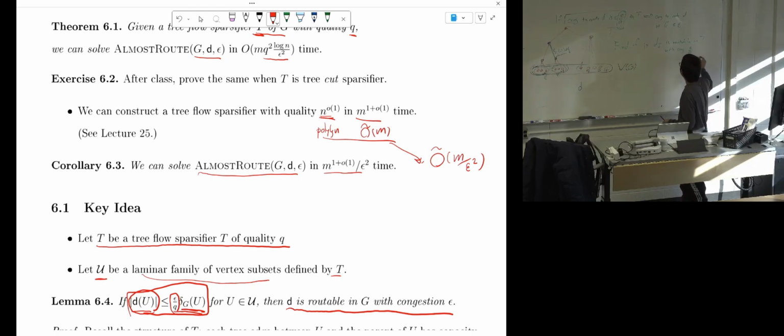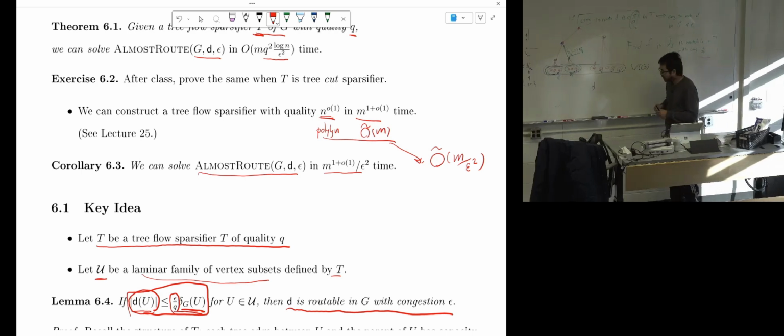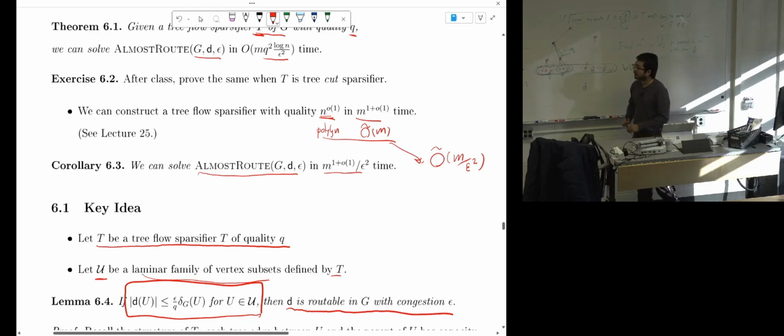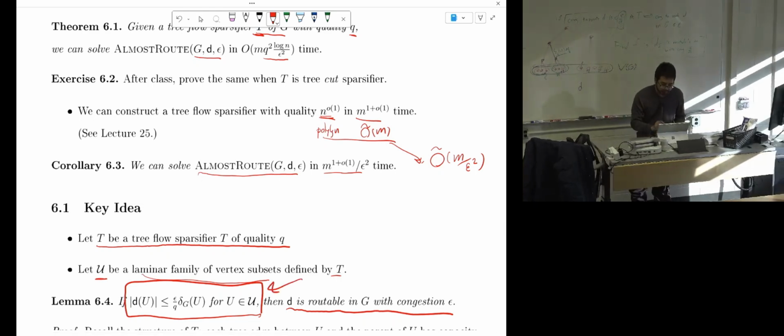What does it mean to have small congestion in T? It's just the same as checking this condition. This condition. Are we good?